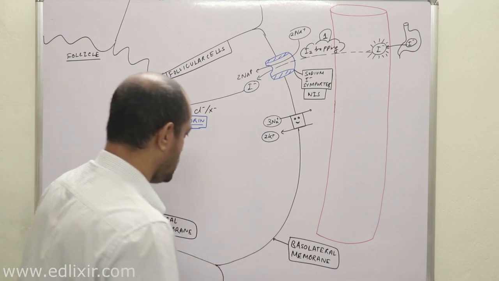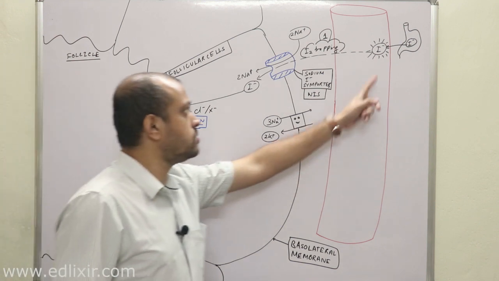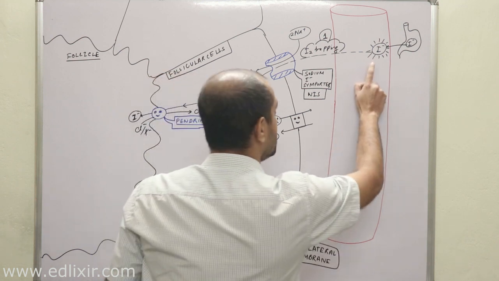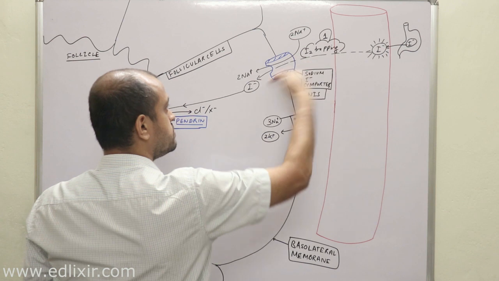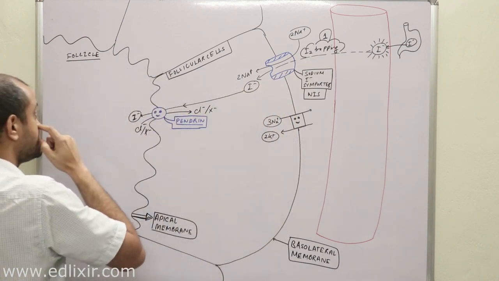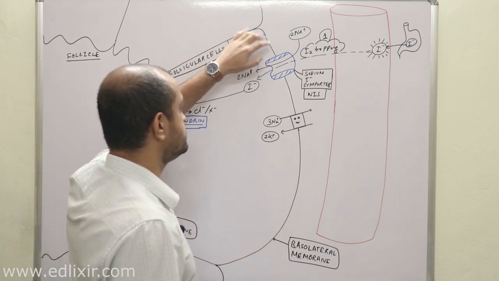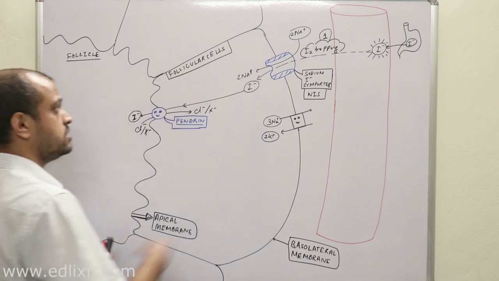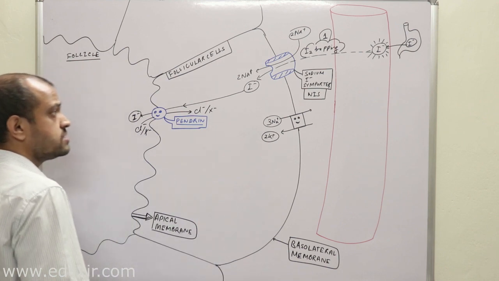Up to now, the GI tract has absorbed iodide, and this iodide has been transported into the follicular cells. For the transport of iodide from the GI tract into the follicular cells, the main protein we need is the sodium iodide transporter, that is NIS.